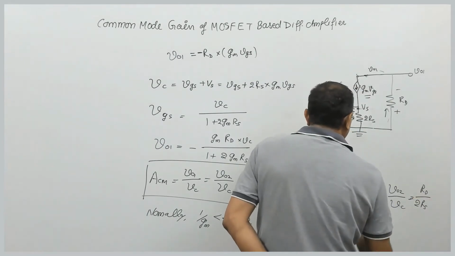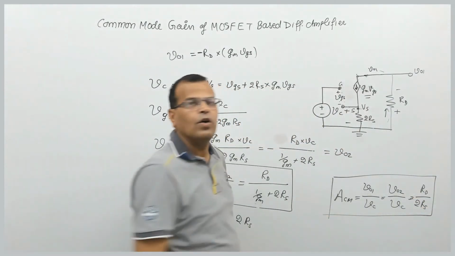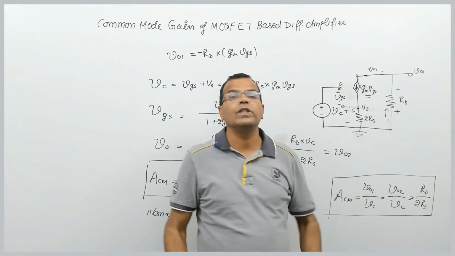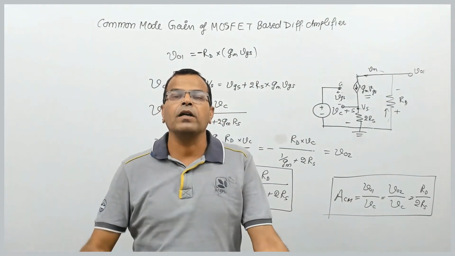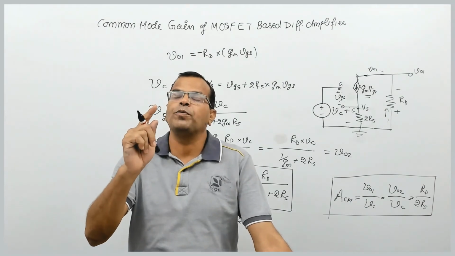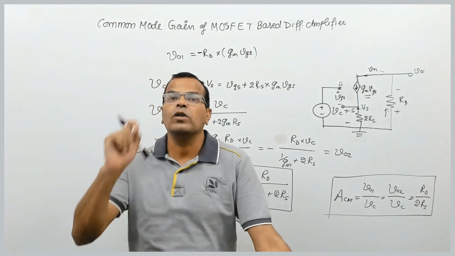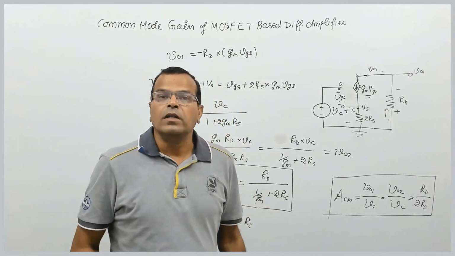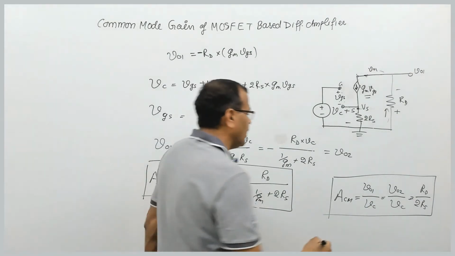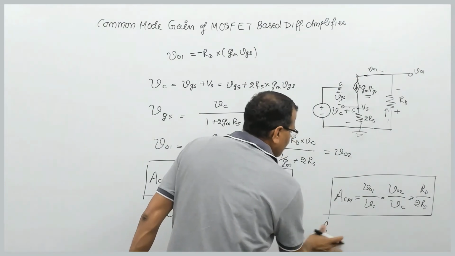Please remember one thing, I am taking V01 and V02 separately. That means I am taking one output at a time, output from one transistor at a time. That is called single-ended output. If you take double-ended output, so what will the output be?